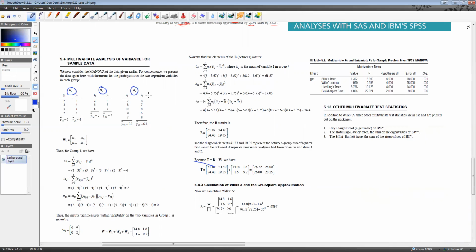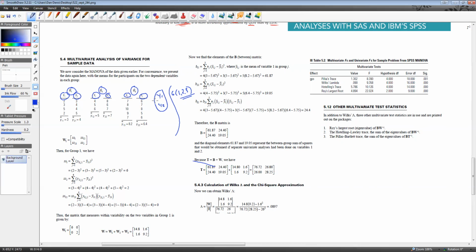How many response variables do I have? I have 2. So if I were to draw my function statement, I have y1, y2, and groups 1, 2, and 3. Multivariate analysis of variance, because I'm looking at mean vector differences.